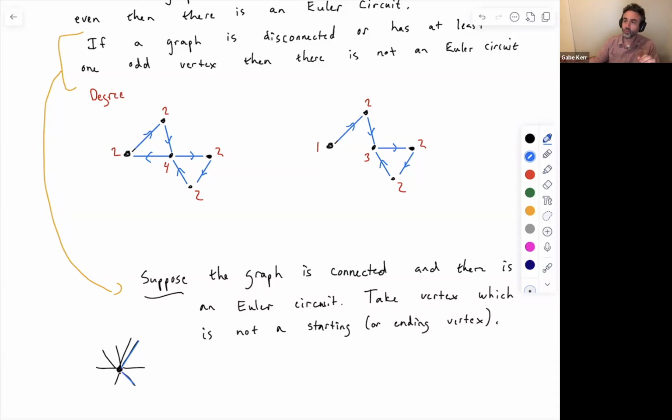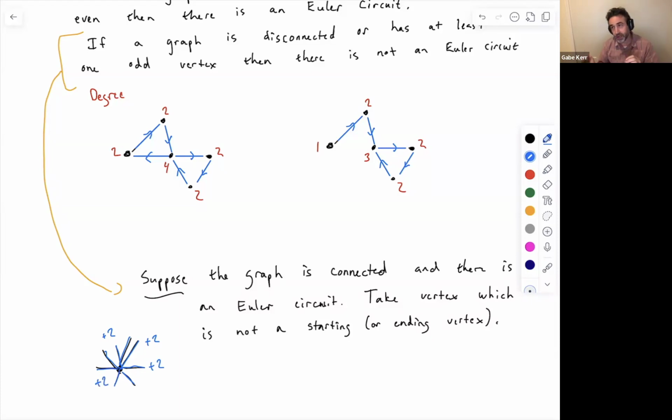So in other words, when that person taking that Euler circuit passes through that vertex, it takes in one edge and then it leaves on another edge. And so that is two edges that it just went through. But it has to hit every single edge. So it gets plus two edges when it crosses through once, and when it goes again, it gets another plus two edges, and again another plus two edges.